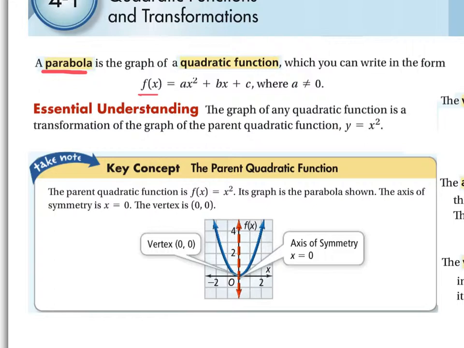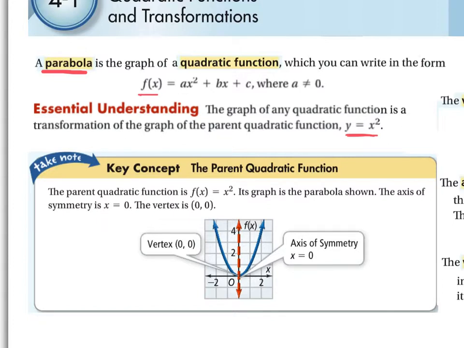So the most basic function for a parabola or a quadratic equation is y equals x squared. So we're calling that our parent function. It's the most basic one. And when we look at that, we see that parabolas have an axis of symmetry just like the absolute value graphs did.